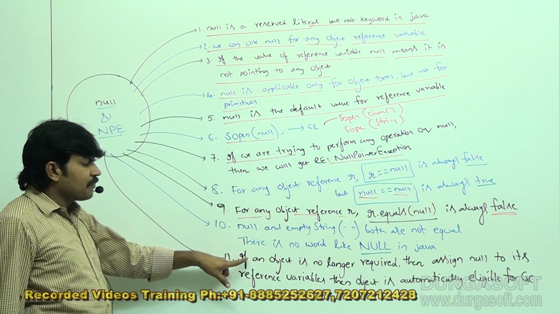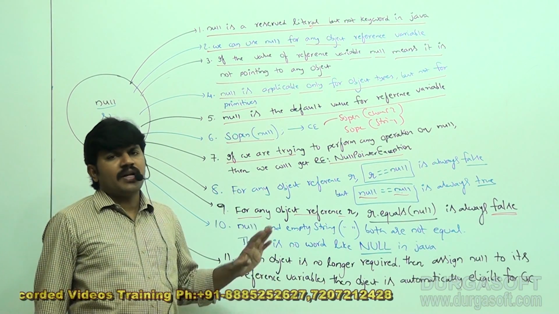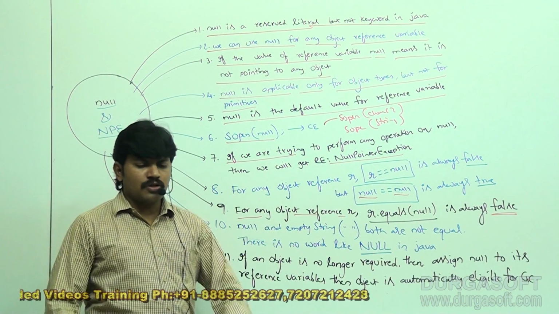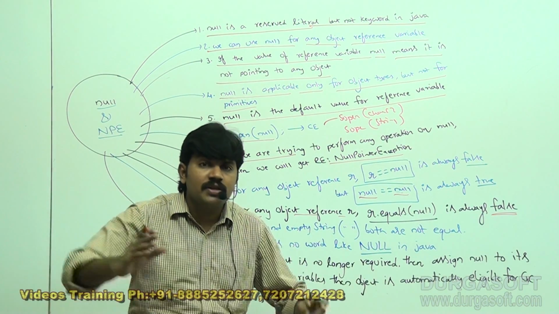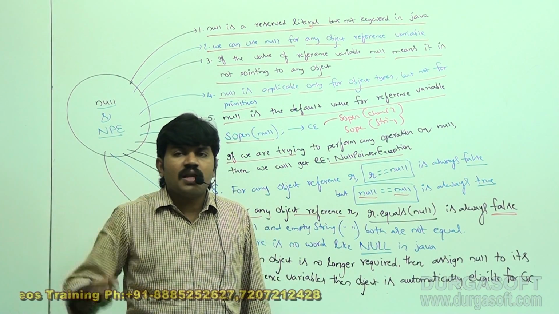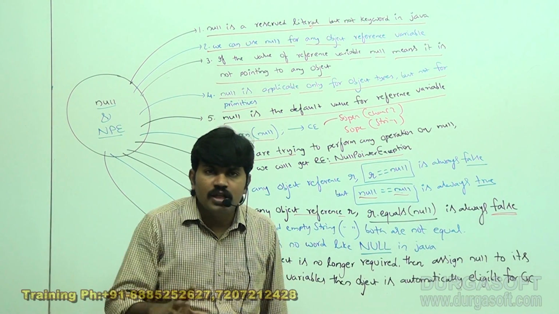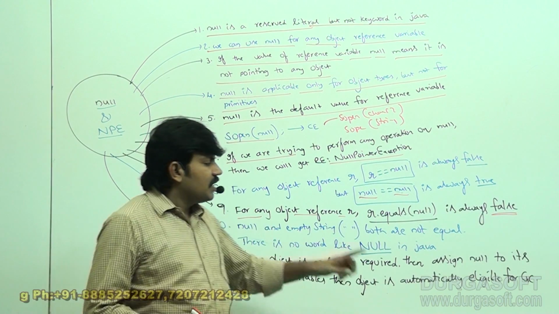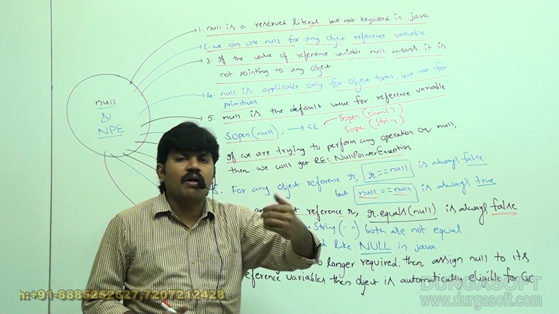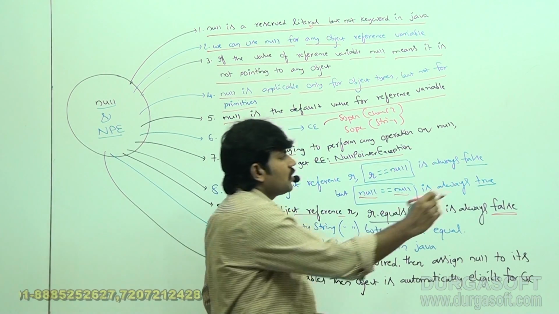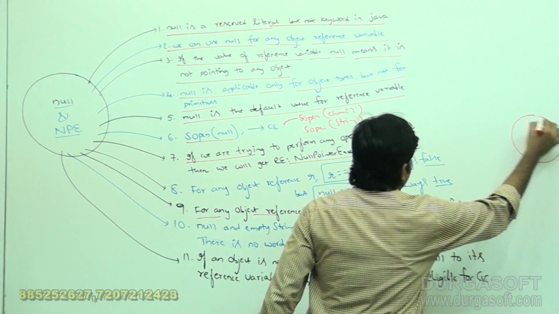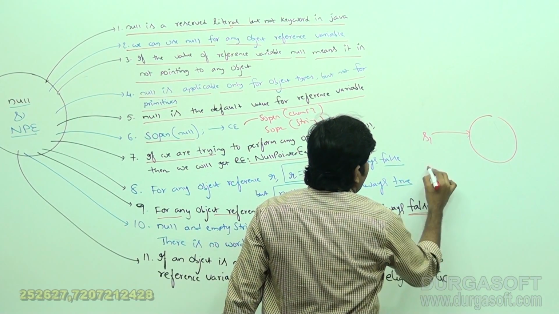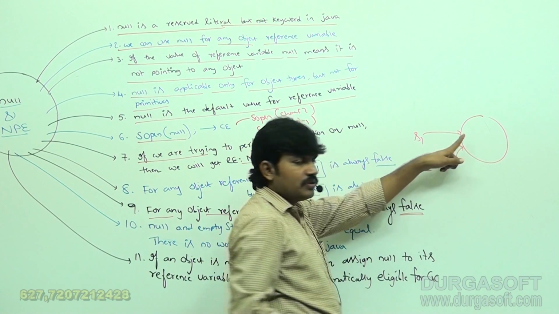Next, now I have an object. If that object is no longer required, the work with that object is completed, I want to make that object eligible for garbage collection. How can I do that? Very simple. Assign null to all its reference variables. Suppose this is my object, and S1 and S2 point to this object.